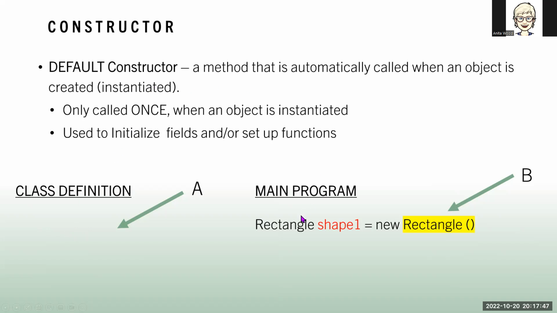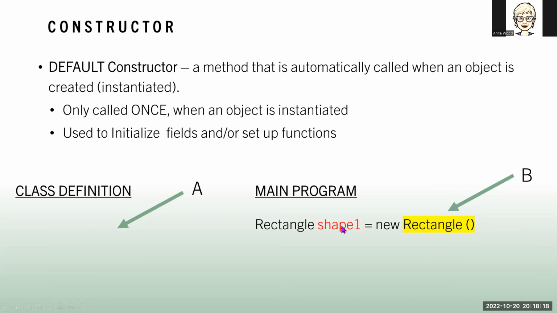So now here is my main program, and I'm giving it the class name, and I'm giving it the variable that's going to be pointing to the object, and I have a little bit more information that I've provided here. What I'm saying is, it's nice to create an instance of rectangle and put the pointer to it in shape 1.